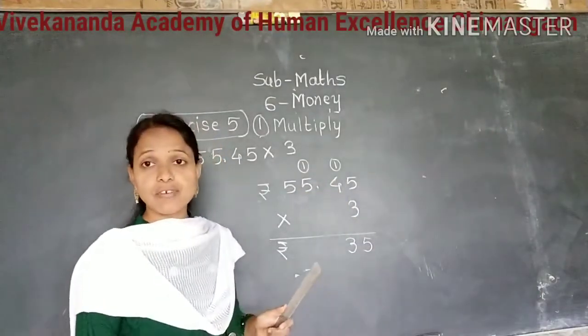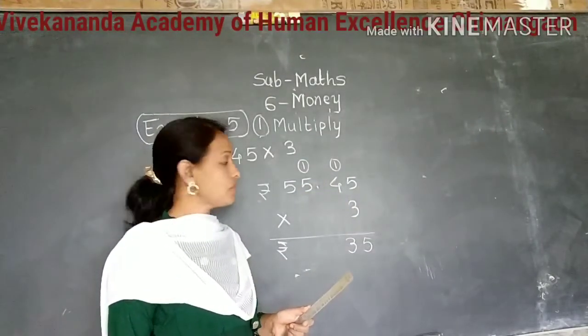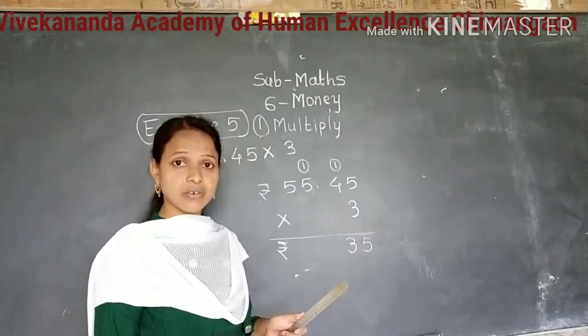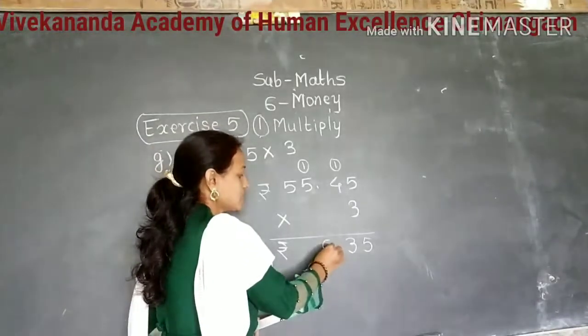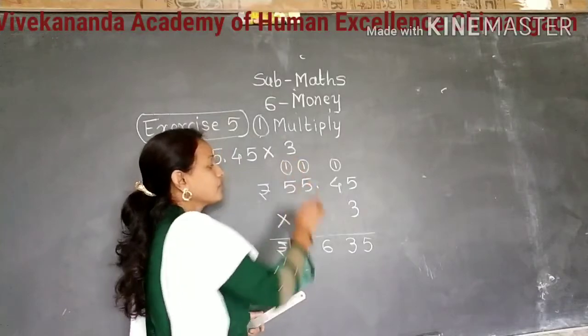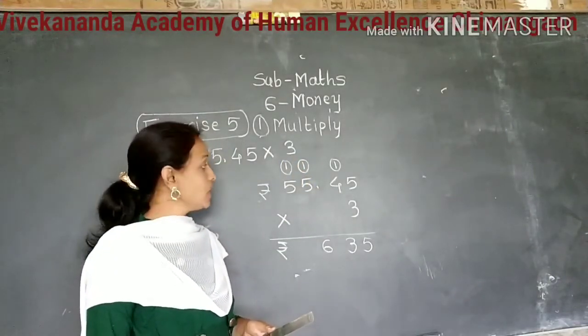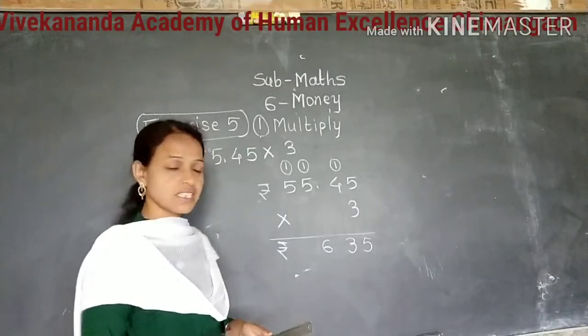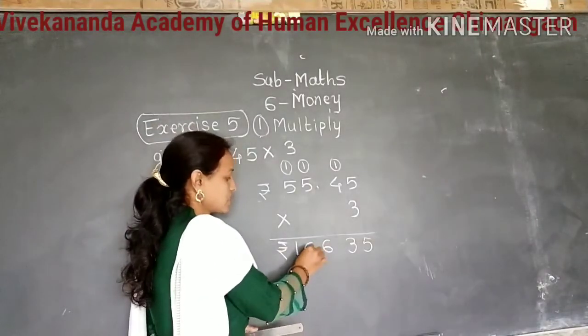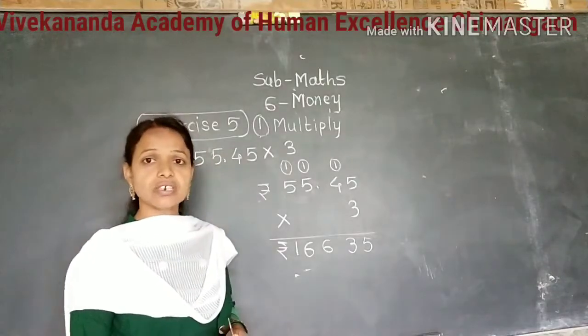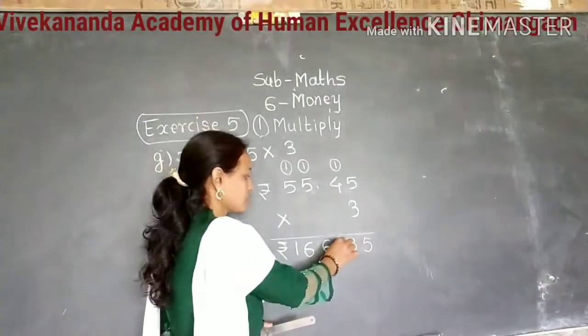Now multiply 5 by 3. 3 5s are 15. 15 plus 1 carry over, 16. So write here 6, 1 carry. Now multiply 5 by 3. 3 5s are 15. 15 plus 1, 16. So write here 16. And put the dot from the right two places.